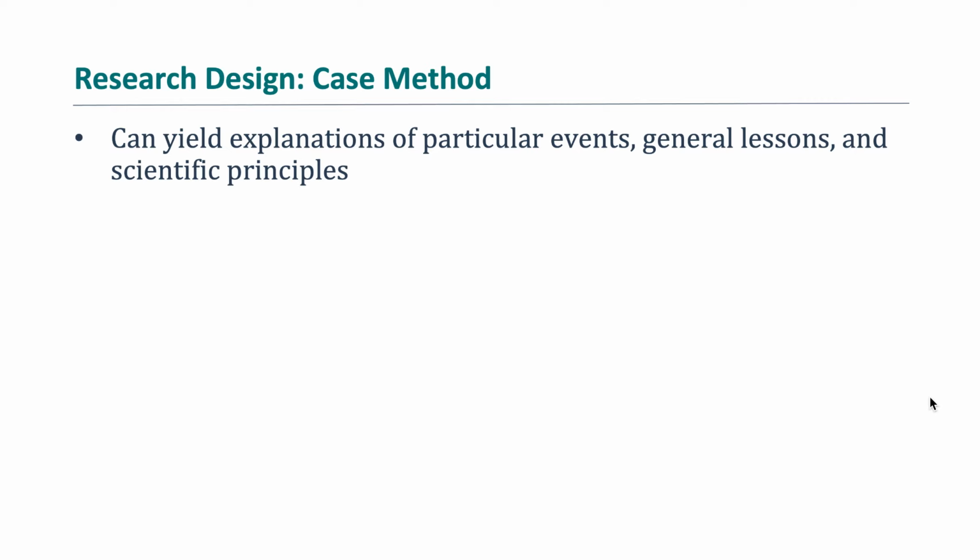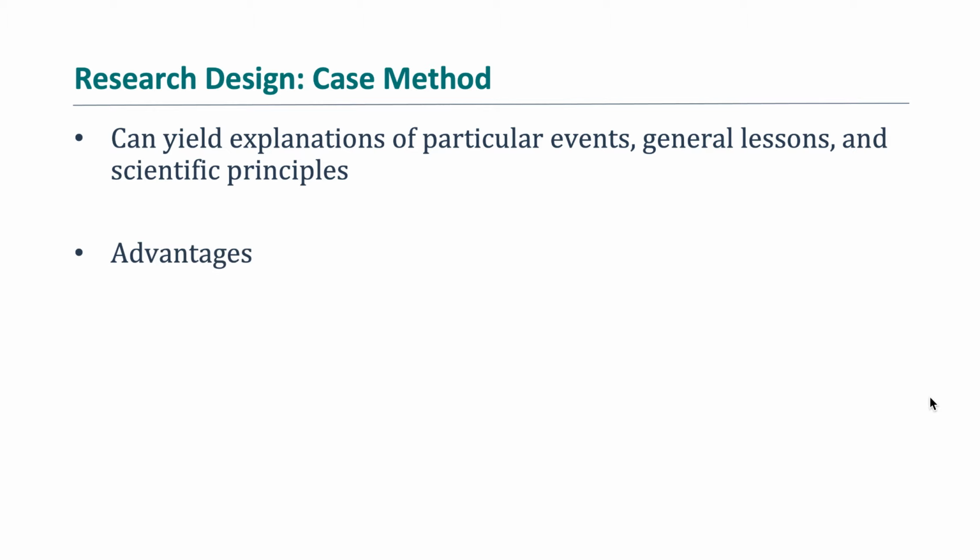Anyways, so lastly, I want to discuss different research designs that are used. One that's highly used in clinical work is case methods. This is where we look at a particular person or event or some very specific situation, and we look at it in very, very deep detail, right?